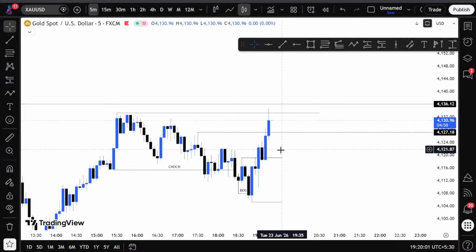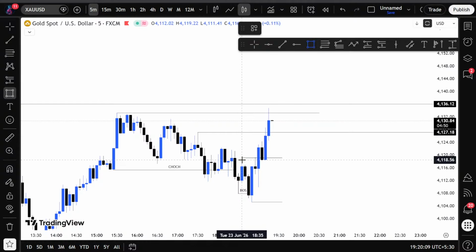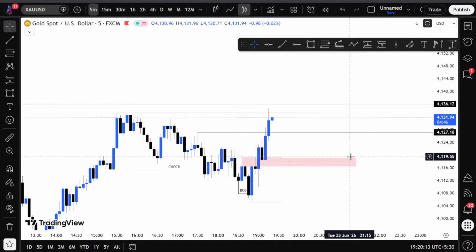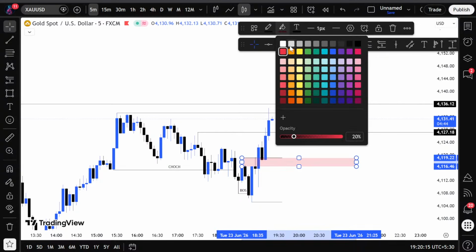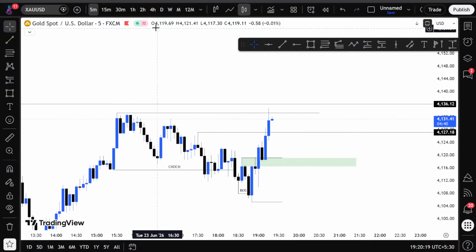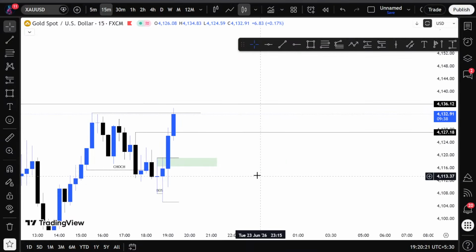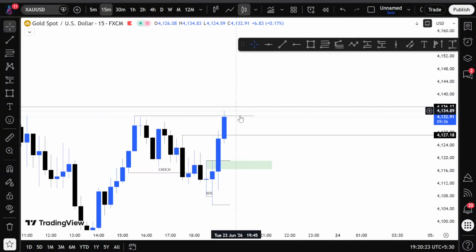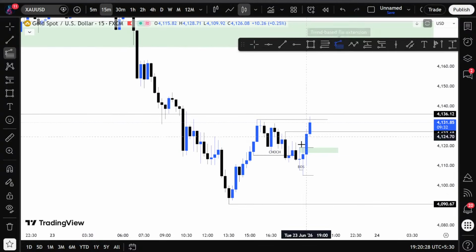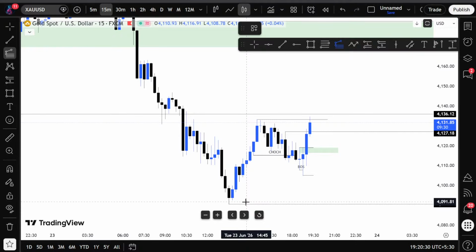No short now. We have two candles closing above. It is again bullish. If it drops, this is a buying zone. Better not to buy. 15 minute, if it breaks above, the next target will be one of these price actions.